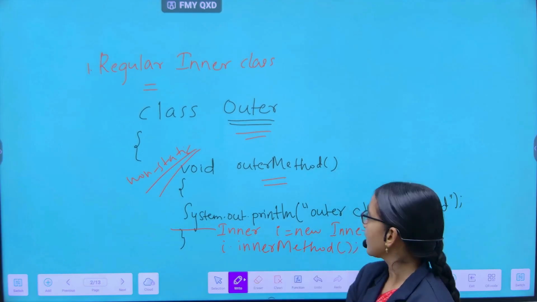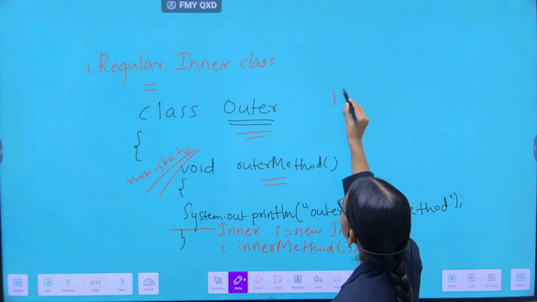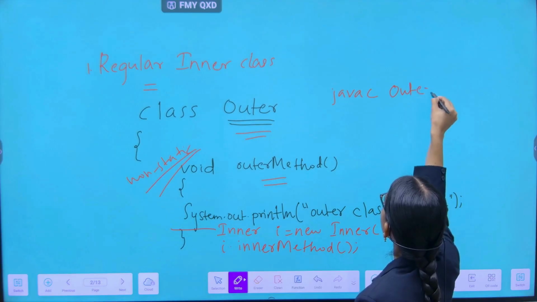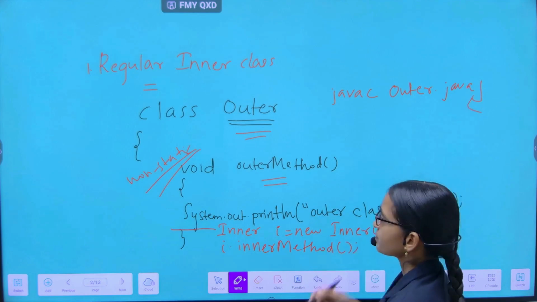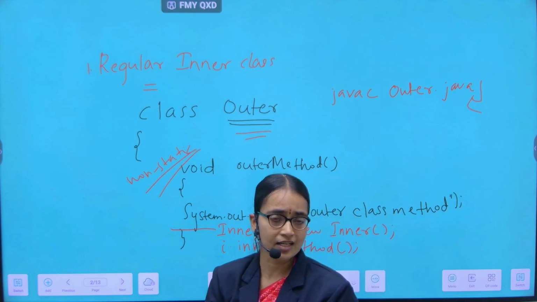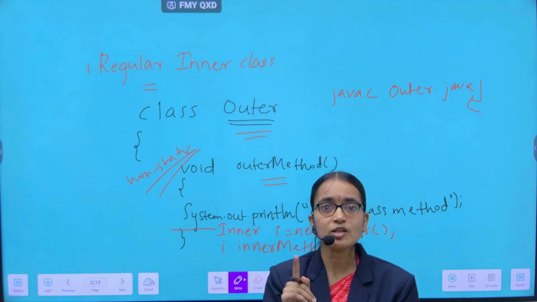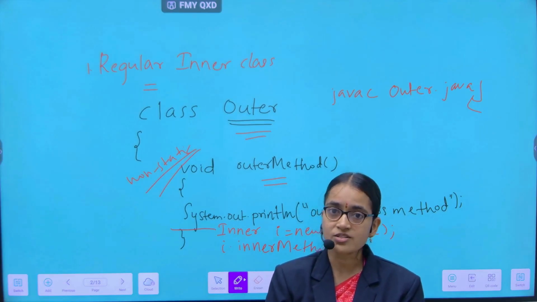And if you execute this particular program code with javac Outer.java, till now in our Java, for a single user-defined class, a single bytecode is generated, but here two bytecode files are generated.